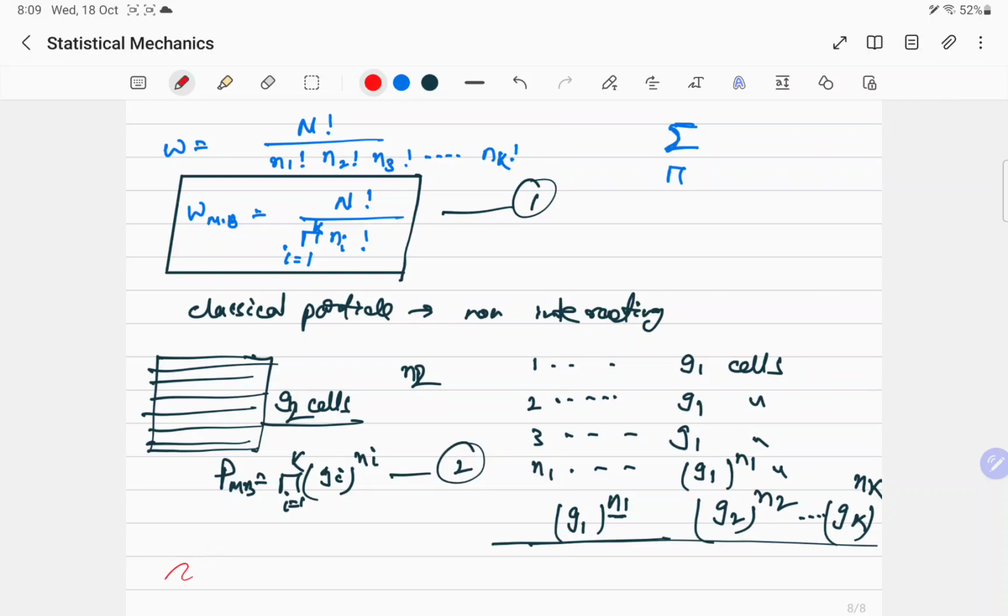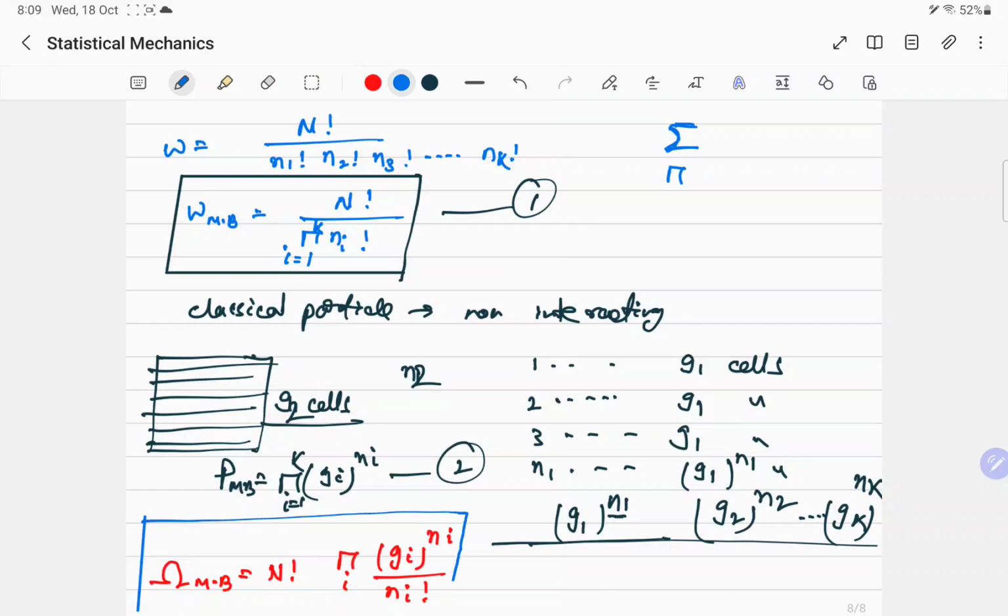Now the omega Maxwell-Boltzmann, known as the total thermodynamic probability, will be simply the multiplication of this quantity and this quantity. So it will be n factorial times the product of Gi whole to the power Ni by Ni factorial. This is our Maxwell-Boltzmann distribution.